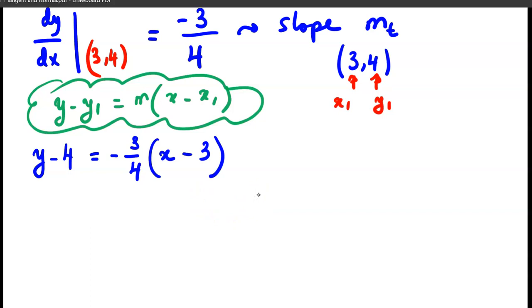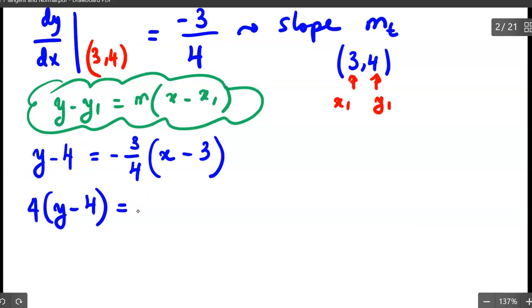What I strongly recommend everyone do is, since I divided by 4 here, I will multiply 4 over to this side. When I multiply it over, I will multiply that with the entire binomial y minus 4. So then I can get rid of the denominator right away.